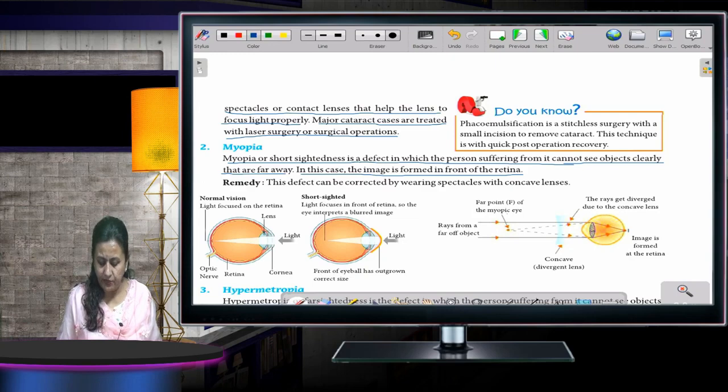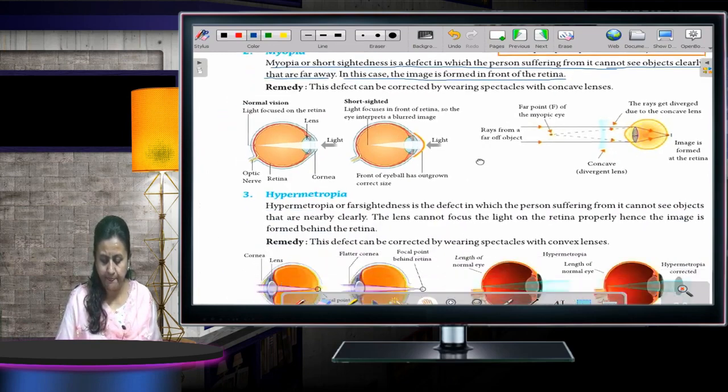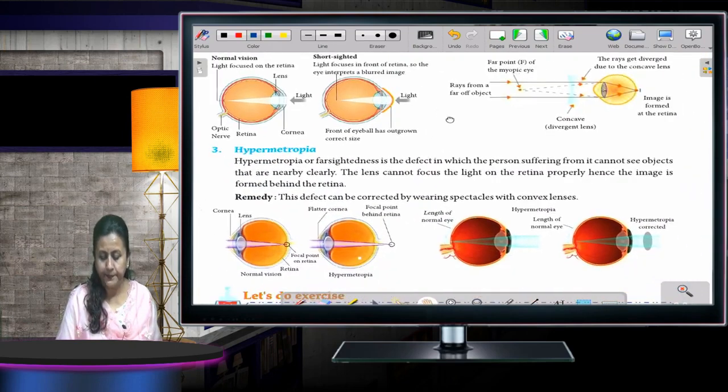Now moving to the next one, hypermetropia. Hypermetropia or far-sightedness is the defect in which the person suffering from it cannot see objects that are nearby.